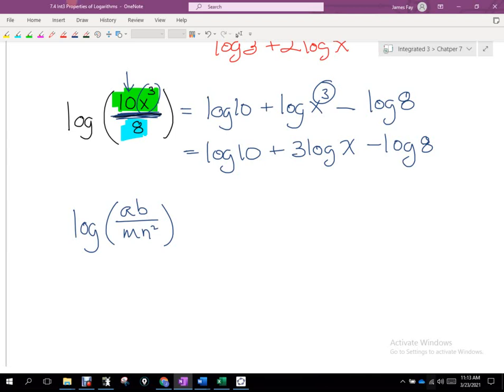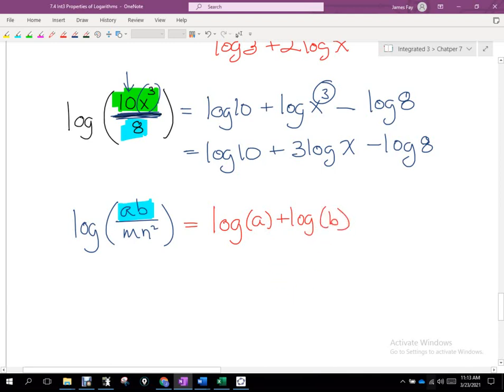But okay, so in this one, we are going to address that first. Address the numerator first. So that's going to turn into what? Log A plus log of B. Okay?